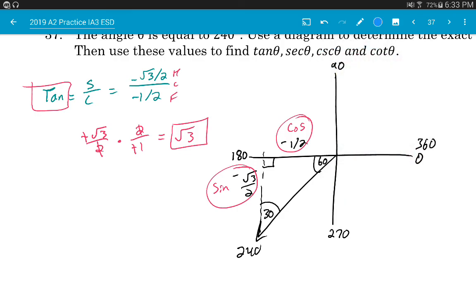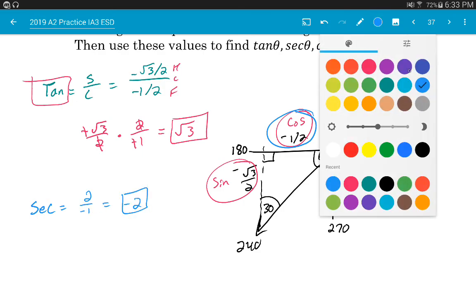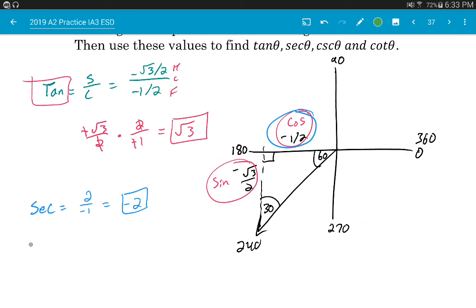Now all of the others are reciprocals, okay? So these are just flips. So what that means is that secant is just flipped cos. So 2 over negative 1, which is negative 2. Cosecant is flipped sine.